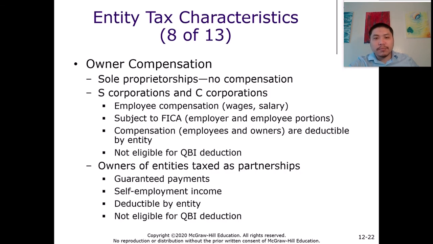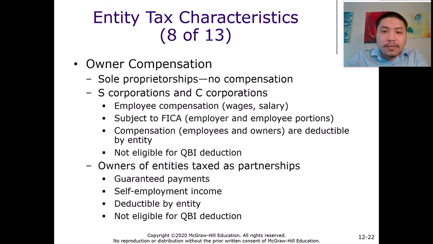That's what they call self-employment income. Self-employment tax is basically the FICA tax on the owner portion and the FICA tax on the employee portion. They are exactly the same, it's just doubled. So now the owner has to pay double the taxes.